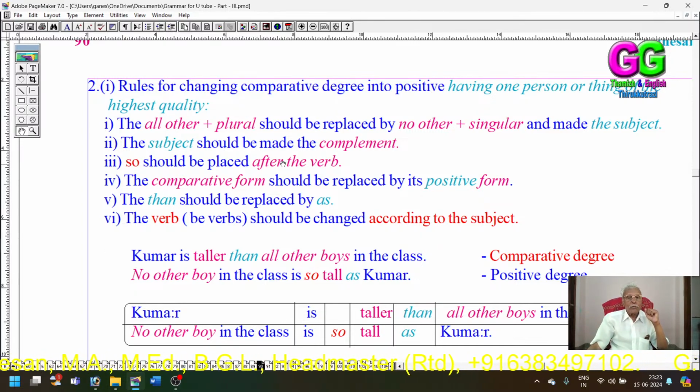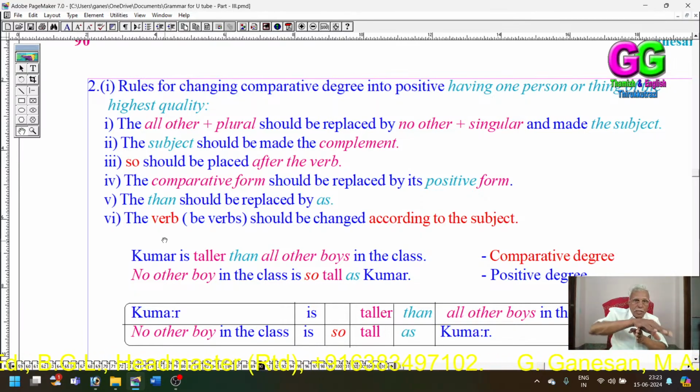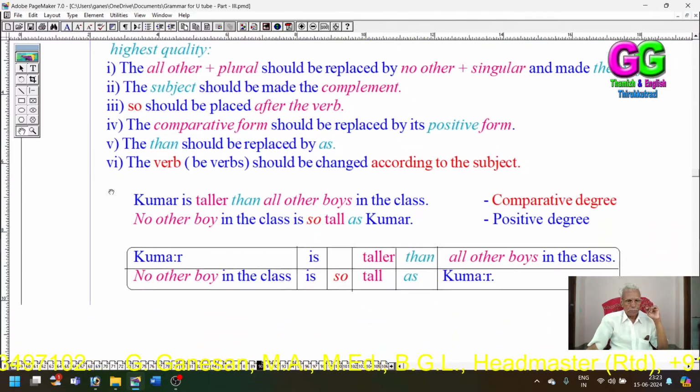In the second example, we are going to see the rules to change comparative into positive and superlative. First, the rule for changing comparative into positive. What are the rules? Yes, the six rules.